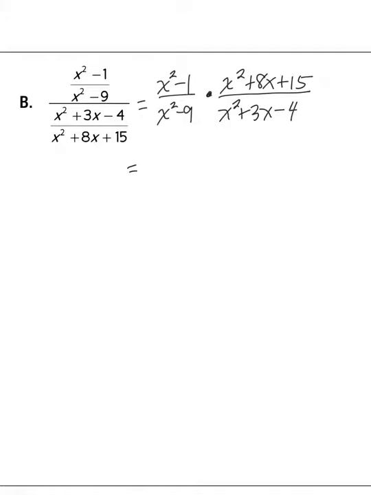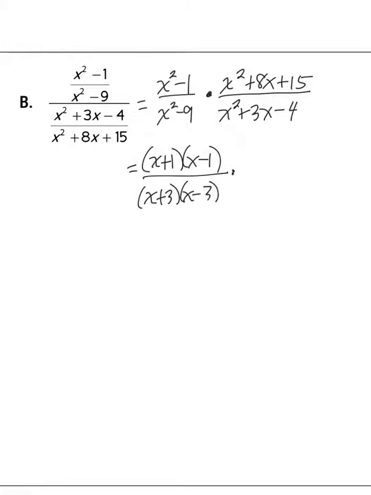So for the first fraction, the numerator factors as x plus 1, x minus 1. The difference of 2 squares. The denominator of that same fraction is also the difference of 2 squares, so that factors as x plus 3, x minus 3.